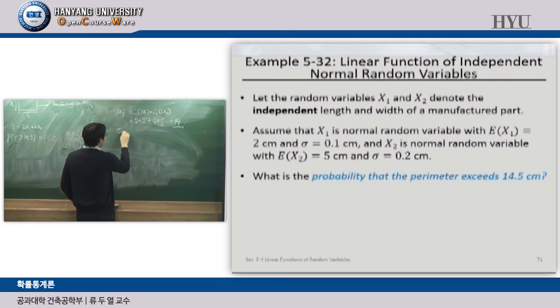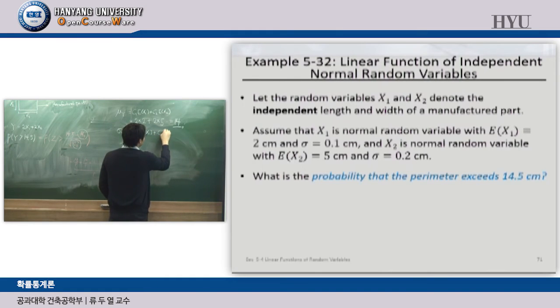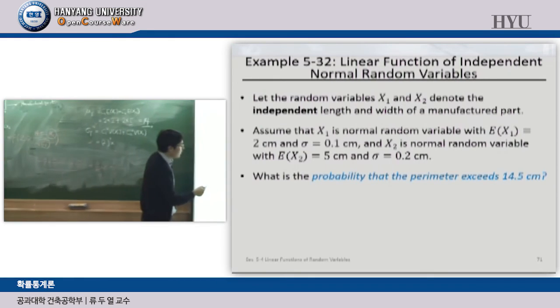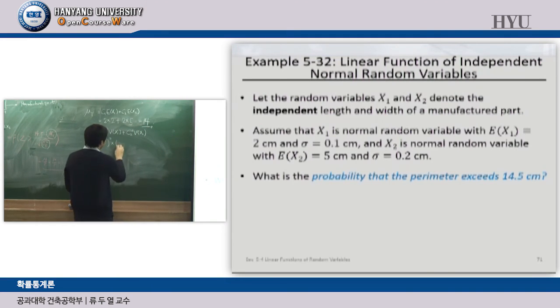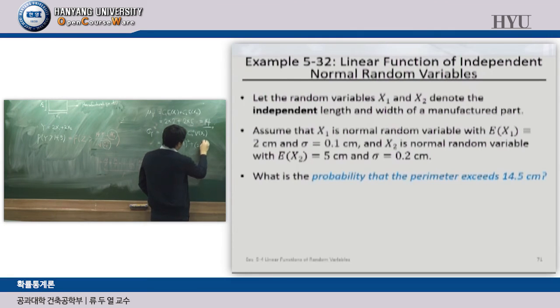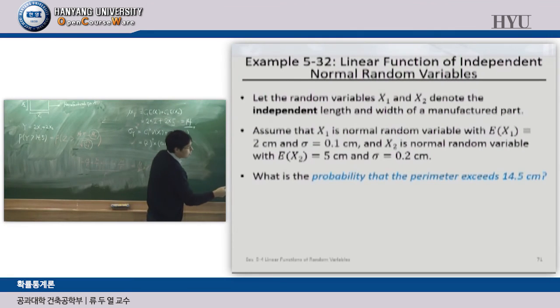And what about sigma y square? That is equal to c1 square times V of x1 plus c2 square times V of x2. And that is equal to 2 square times, this is the standard deviation, sigma, so this should be 0.1 square, plus 2 square times 0.2 square.